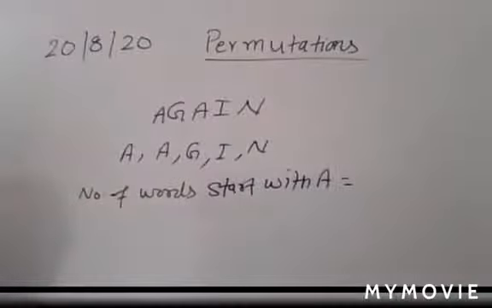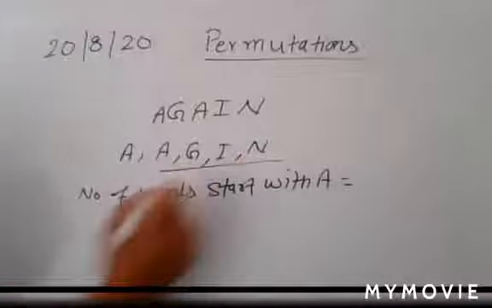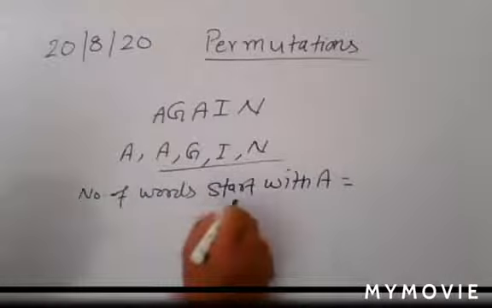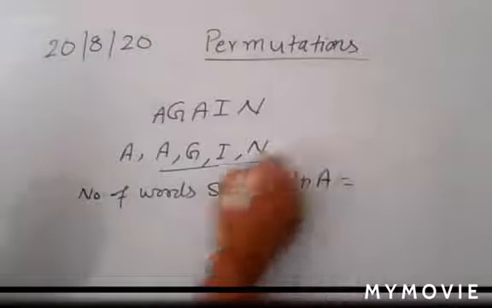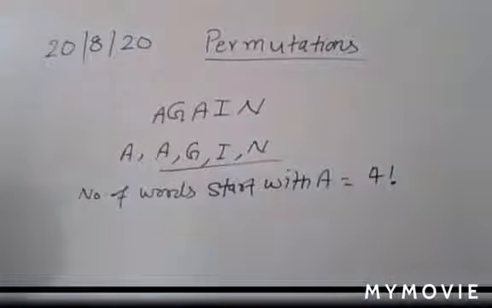So if the position of A is fixed, here you have only 4 letters which are to be arranged. And all the letters here are distinct. So you write, number of words that start with A is equal to factorial 4. And what is the value of factorial 4? It is 24.